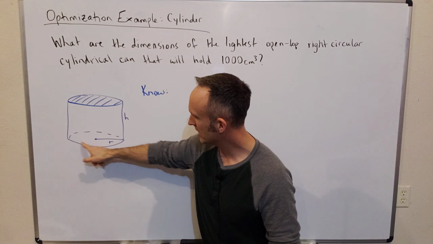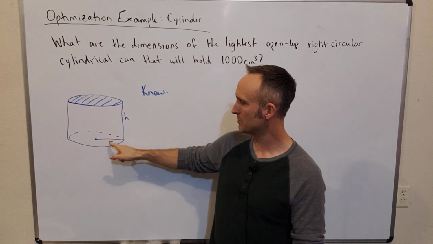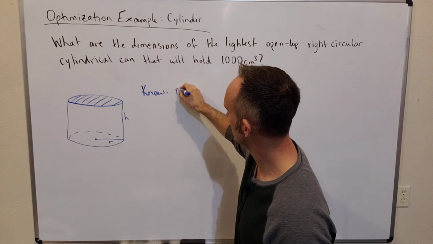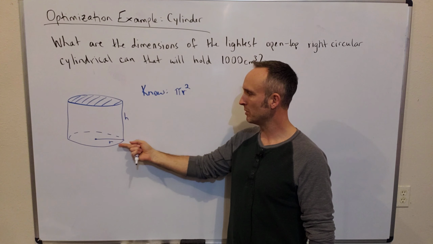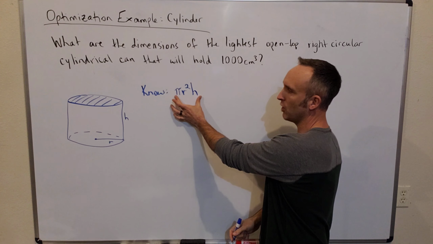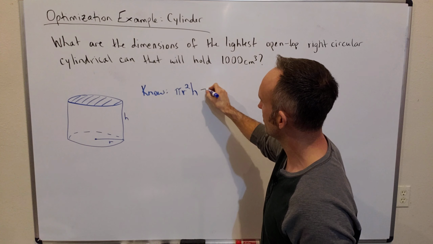You find the area of the base. Well, since it's a circle, the area is pi times the radius squared, so that's pi r squared. The area of the base, pi r squared, and then to get volume, you simply multiply that by the height. So we know that the volume of this can has to equal 1,000.